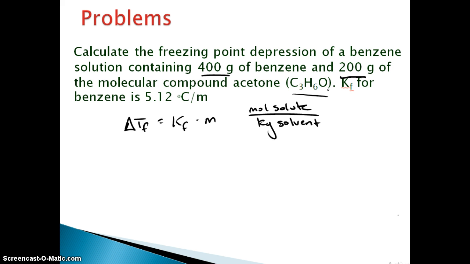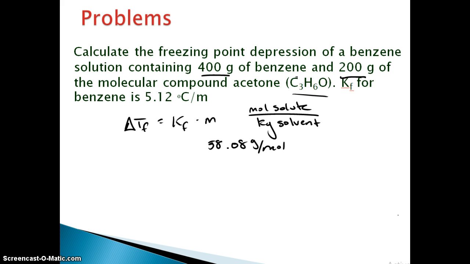So when I calculated the molar mass of acetone, I got it to be 58.08 grams per mole. That's 3 times carbon, which is 12, plus 6 times hydrogen, which is 1.008, and 1 oxygen, which is 16.